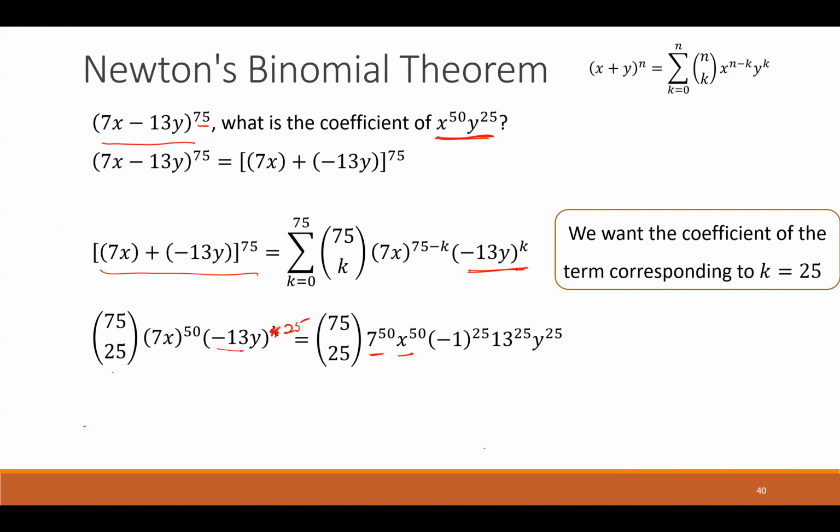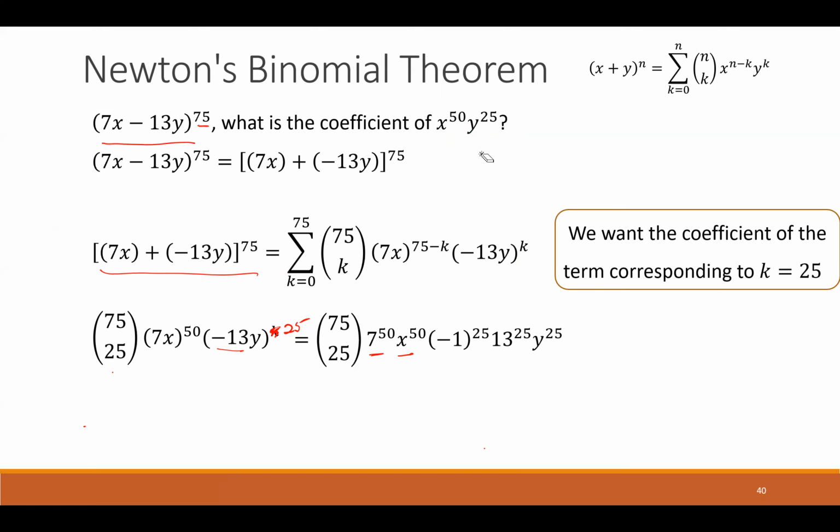One implies the other. If y is raised to the 25, x must be raised to the 50 in this case. So yeah, just make sure you get your exponent correct, whether you use n minus k here or k, that doesn't really matter. If you mix up the order, as long as you get the right number substituted in for your k.